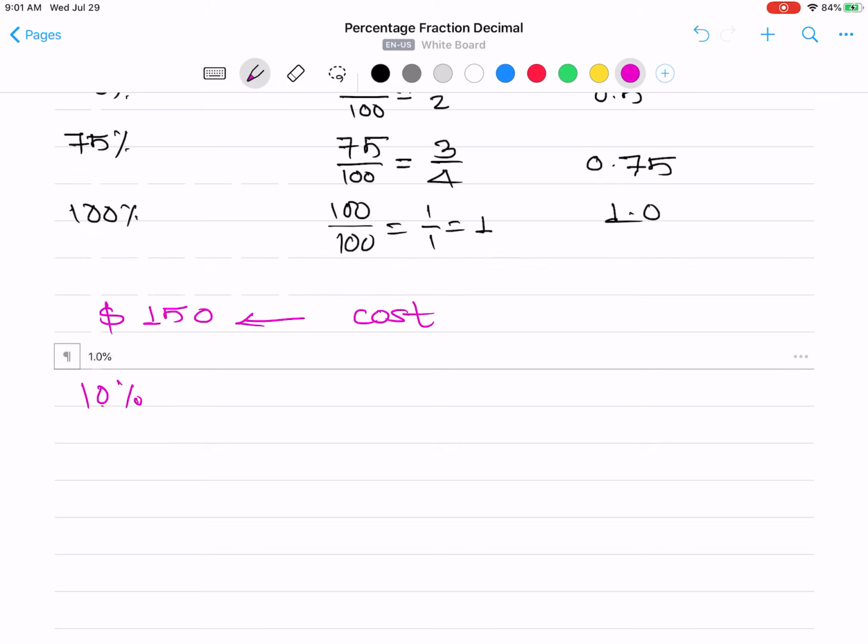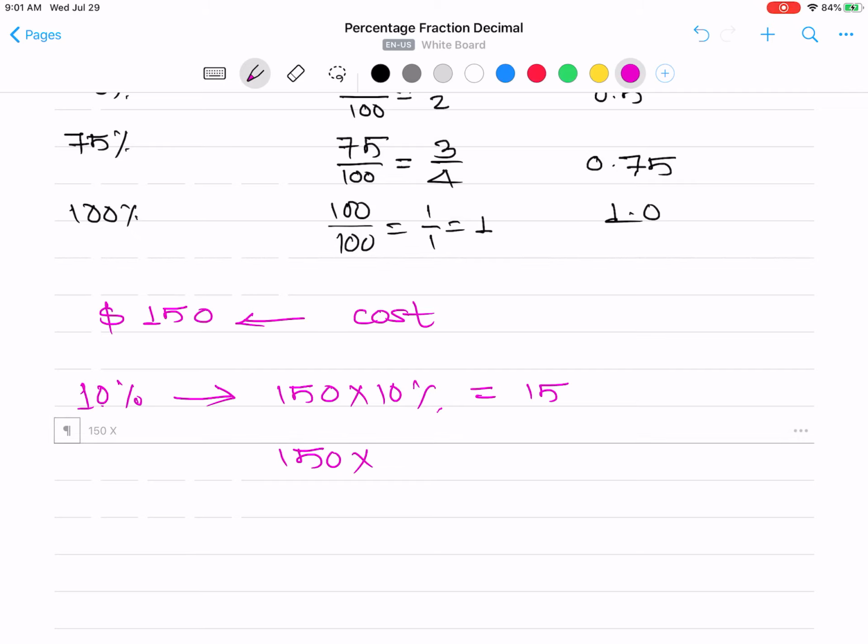10%, that means you just need to multiply it by 10%, and this will give you 15. Or you can use the fraction in place of the percentage, 10 by 100.